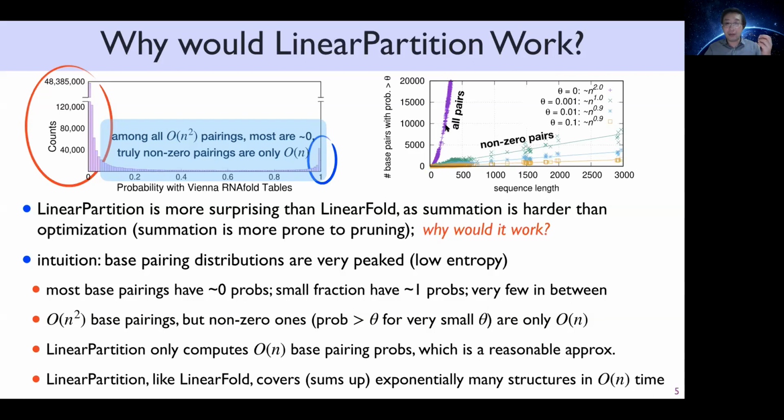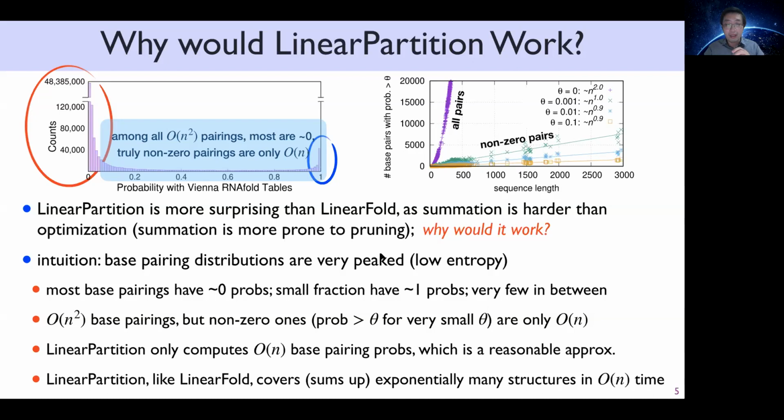In fact, of all the n-squared pairing possibilities, the ones that are larger than like 0.001 are just linear, which shows that the number of pairing options for each position i stays constant, regardless of how long the sequence is. So it's just about 5 or 6 different pairing positions that you can try. It's not going to be that each position i is possible to pair with everybody. That would be too flat a distribution, and the real distributions are not that flat at all.